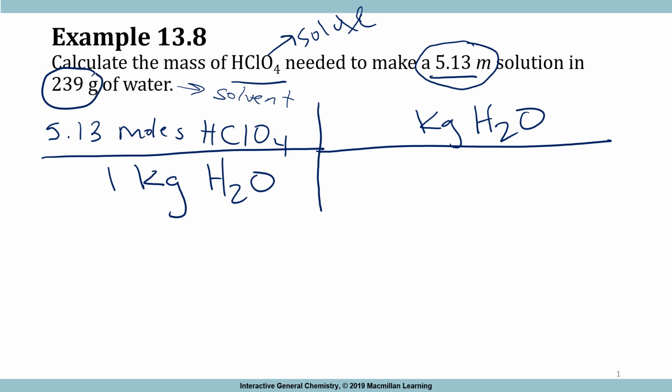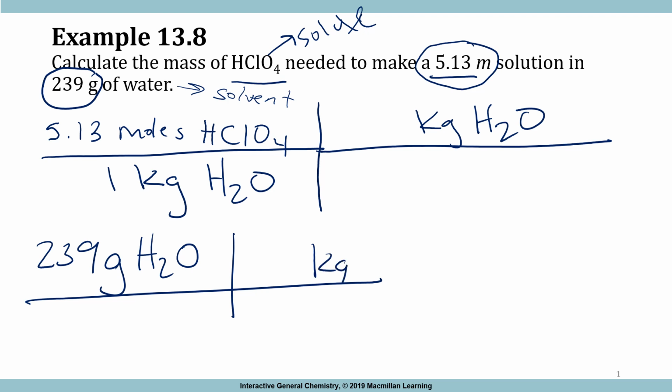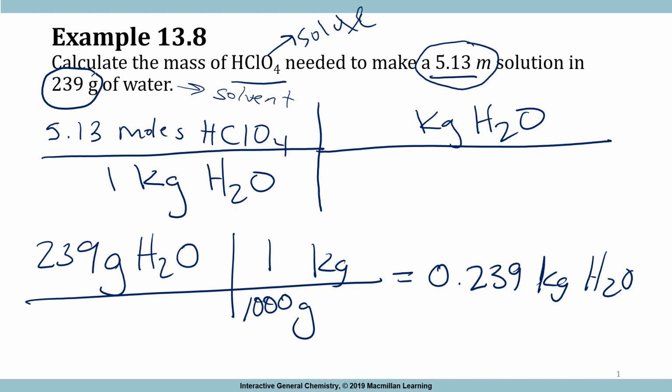So I have to first convert 239 grams of water into kilograms. So 239 grams, and I want to get it to kilograms. For every 1 kilogram, there are 1,000 grams. So that's 0.239 kilograms of H2O.